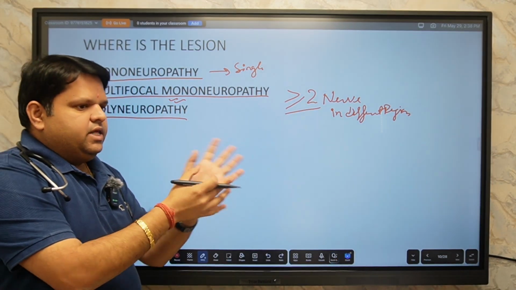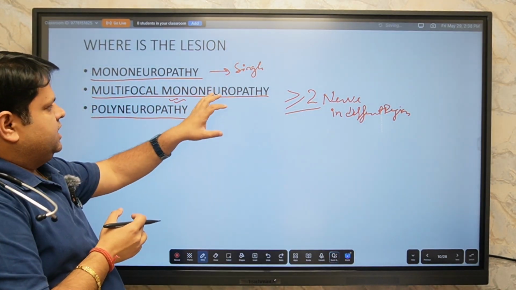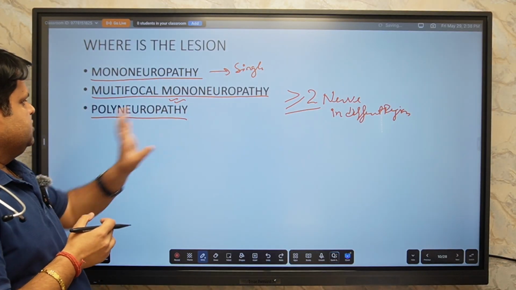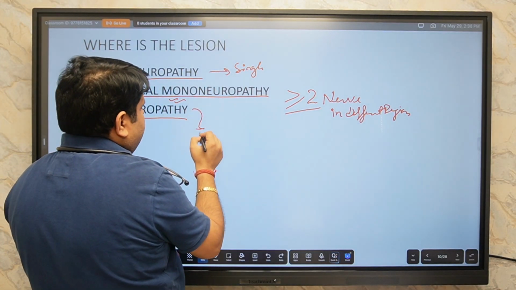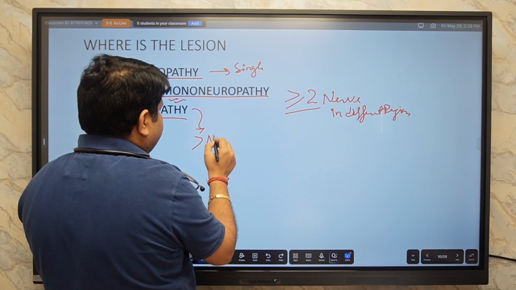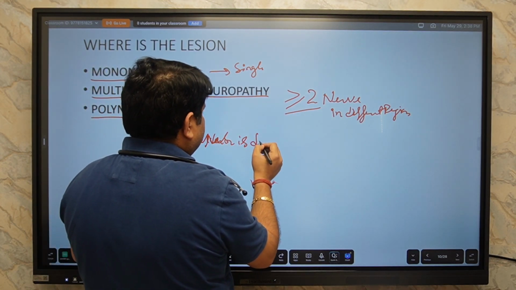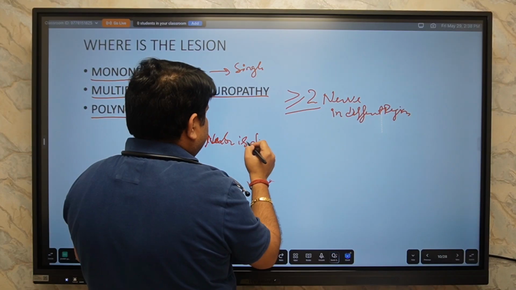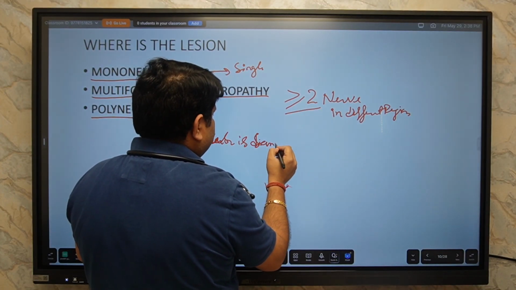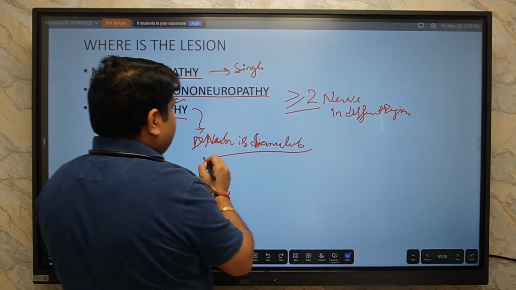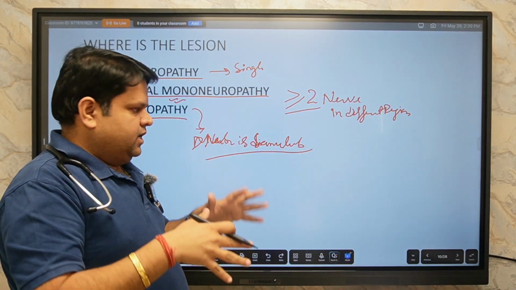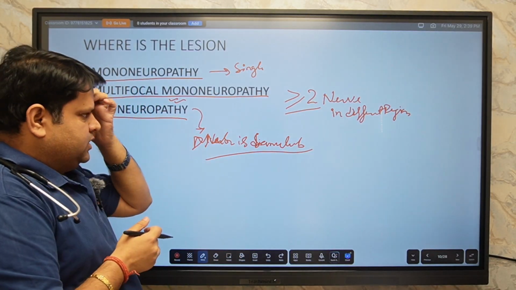That is, a multiple mononeuropathy pattern or multifocal mononeuropathy is present. Polyneuropathy is when there are multiple nerves involved in the same limb and different limbs. So this is polyneuropathy.